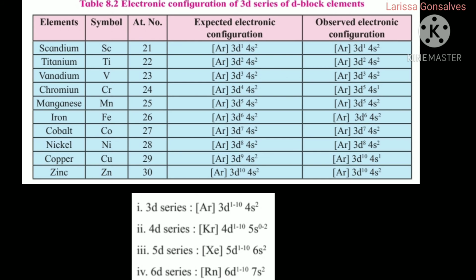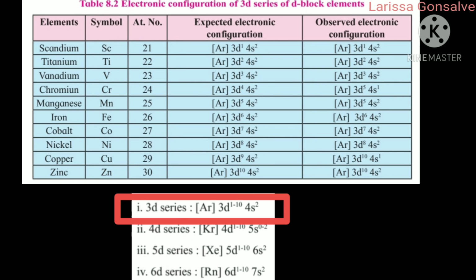The general electronic configuration of the four series of transition elements is given below. If we look at the elements which belong to the 3d series, then the noble gas core used for electronic configuration is argon, and 3d1 to 10 and 4s2.